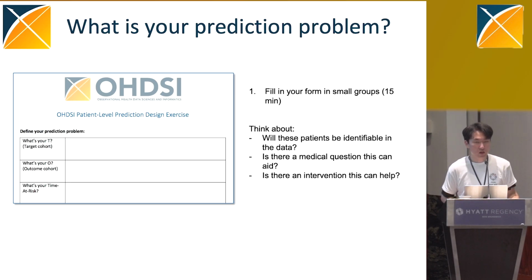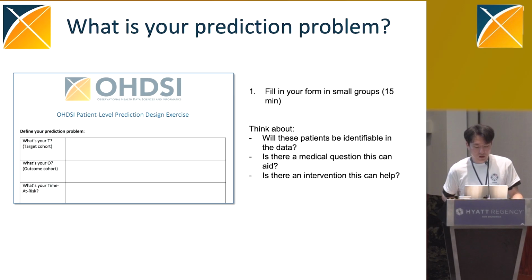You guys think about what are the interesting clinical prediction questions based on this structured way, and then you can discuss what is the suitable study population as a T, what is the most interesting outcome as an O, and what is the specific time point you want to predict as a TAR, time at risk.